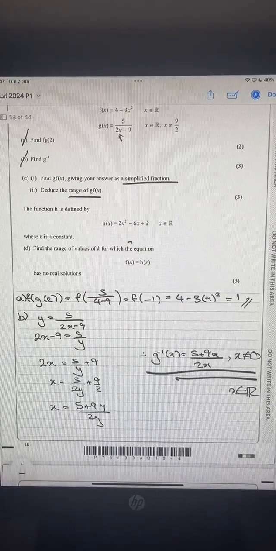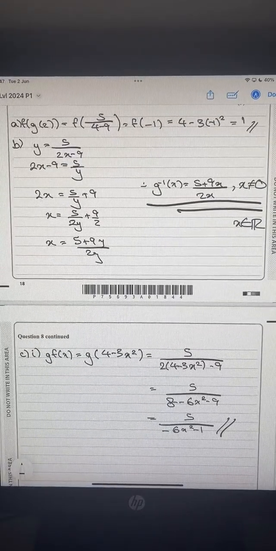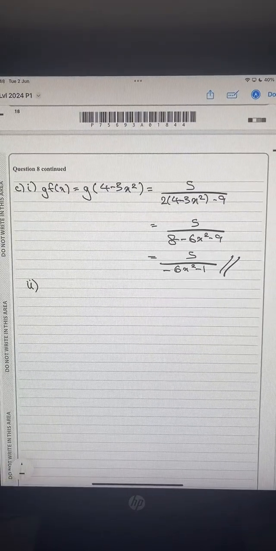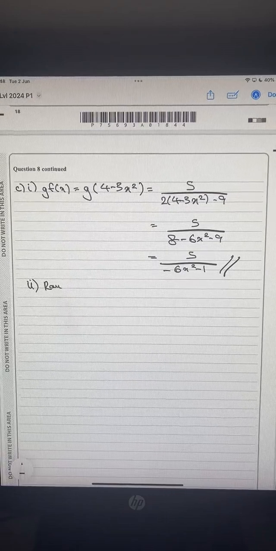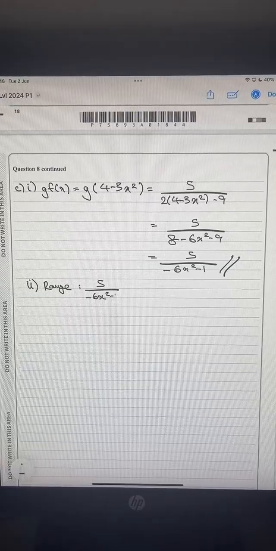Nice. Looking at the next part, deduce the range of gf of x. When I saw that, I was angry in this exam because it's not the nicest thing to deduce, and I'm going to show you what I did to get the mark in the paper. Hopefully it makes sense. So this is my function.